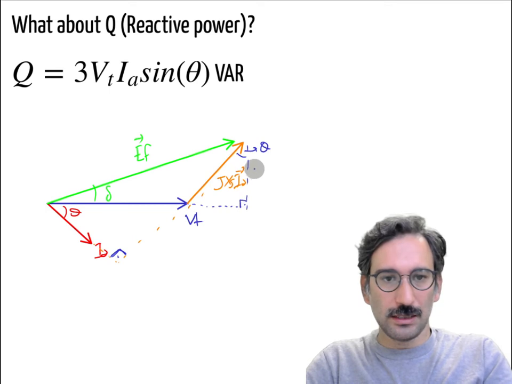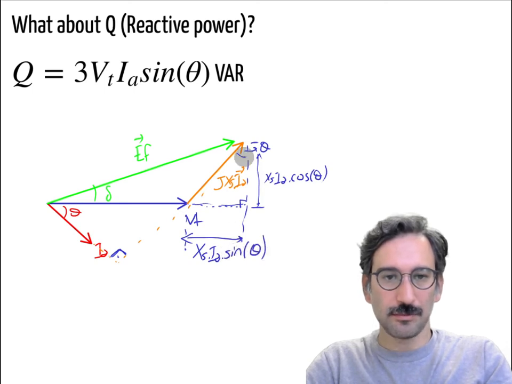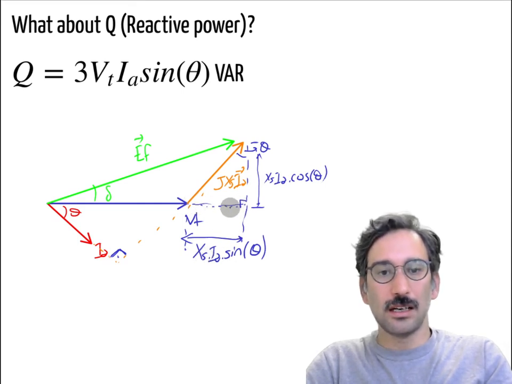So we know that equation: that distance over here was Xs magnitude-wise, Ia times cos theta, and similarly that distance over here is Xs times Ia times sine theta. So I have that distance in terms of the armature current.